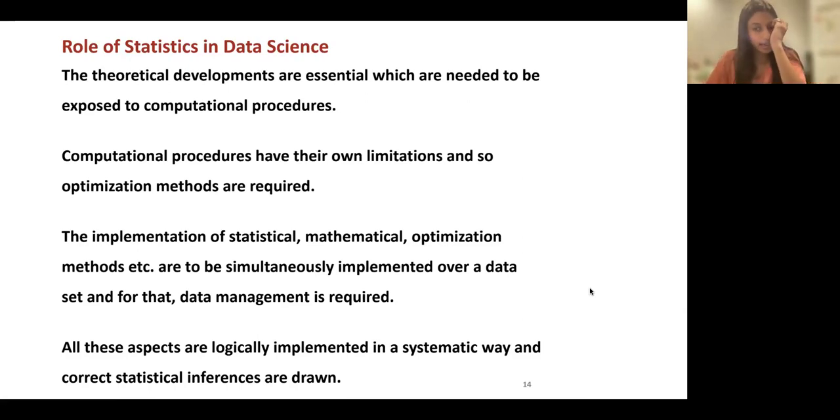Also, computers have limitations. Any code written will be implemented and it will give you some numbers. But it's the duty of a data scientist to make sure the right thing is written so that the computer does the right thing and gives you reliable results.